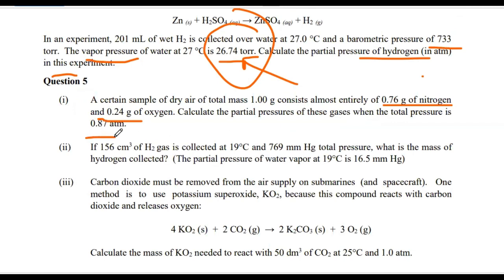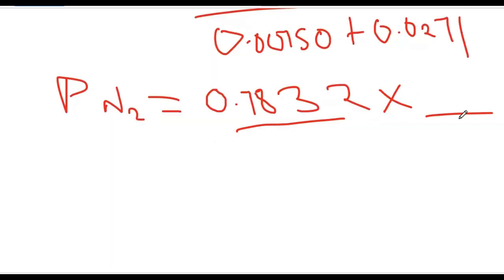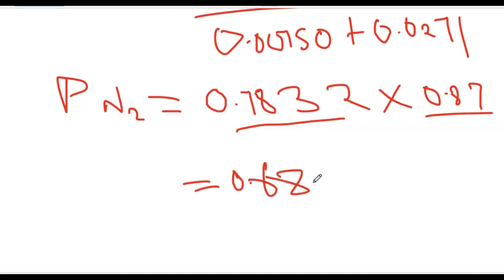The total pressure was 0.87. So I'm going to multiply this by 0.87, and I'm getting 0.68 as my partial pressure.